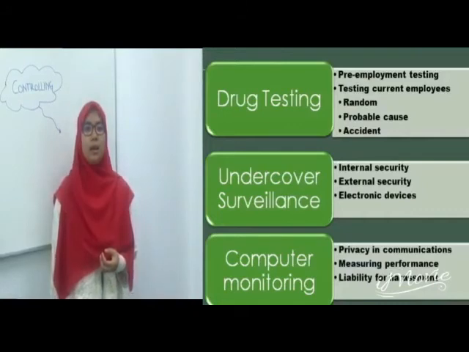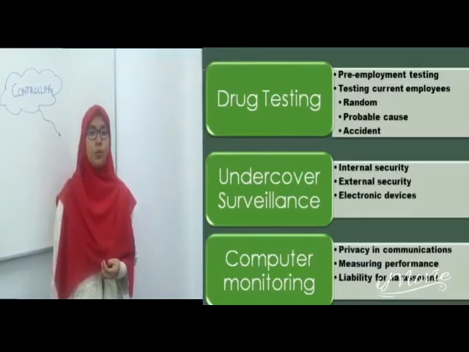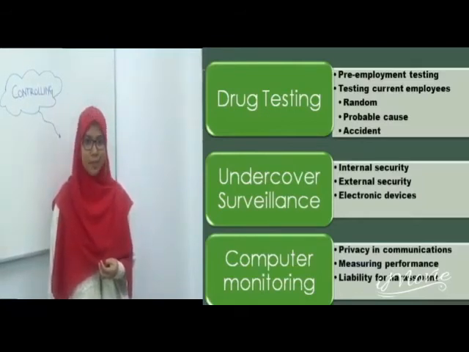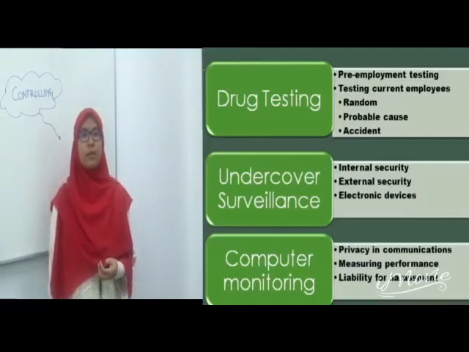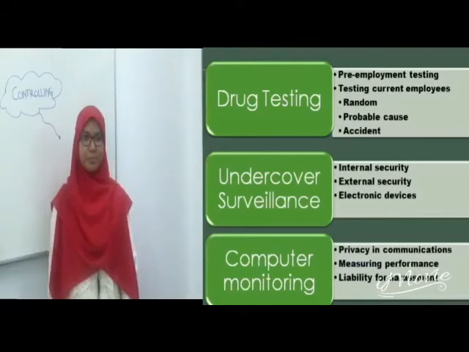Okay, they are constantly looking for ways to control such activities. These activities are like theft, fraud, and malicious destruction of property. So organizations often resort to a variety of surveillance techniques to control these illicit activities.